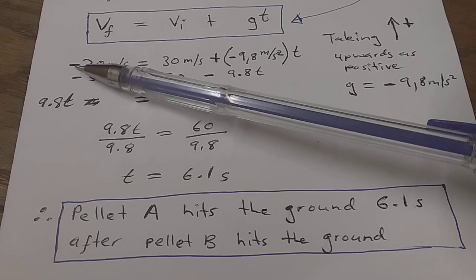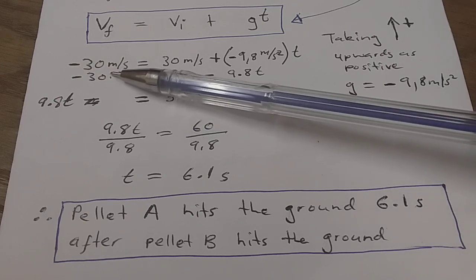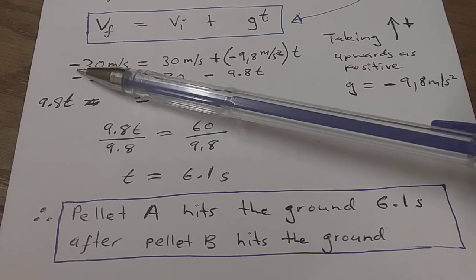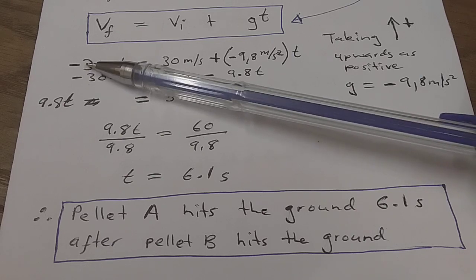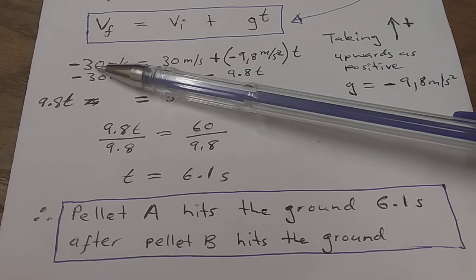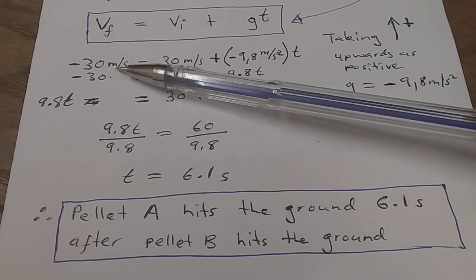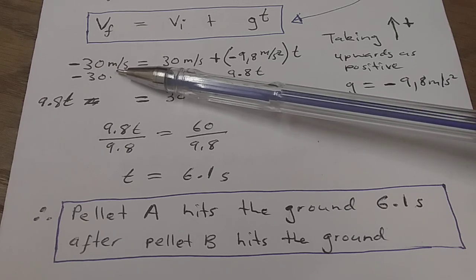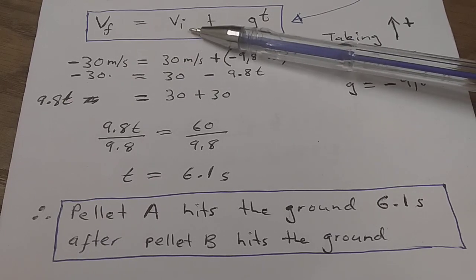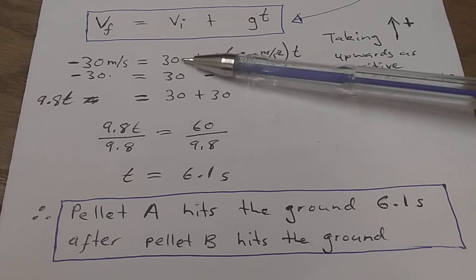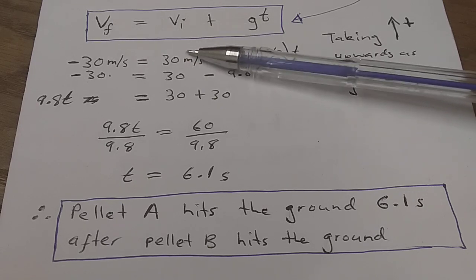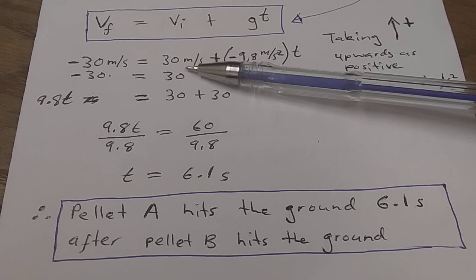So you put it with the sign, negative 30. Sign is very important because direction causes a lot of confusion and everything becomes wrong. So negative 30 meters per second, at the original position, is equal to Vi. With what velocity was pellet gun A fired? Pellet gun A was fired at 30 meters per second.